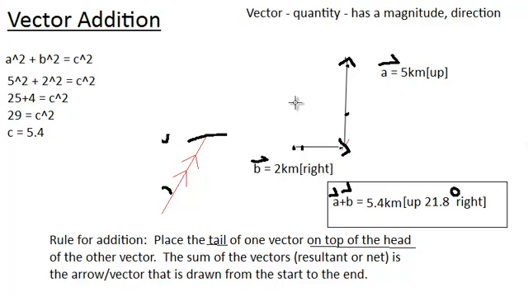So the tail of A is placed on the head of B. And what is our vector? Using red again. Remember, the sum of the vectors is the arrow drawn from the start, which is this, to the end. Where is the end? The end is here. And then we draw two vector heads in the body. Now, what do you see?